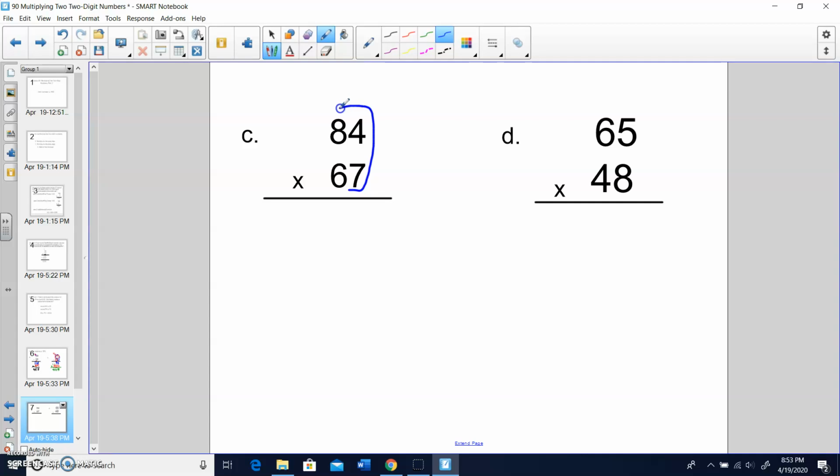Okay, first we're going to multiply by the ones place. 7 times 4 is 28. 8 comes down. My 2 gets carried up. 7 times 8 is 56, plus the 2 I carried over is 58.